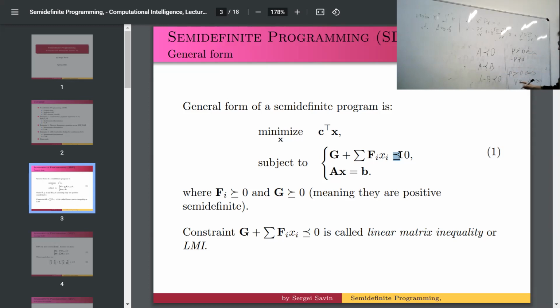If this is negative semi-definite, let's multiply. Okay, so let's just write it this way.